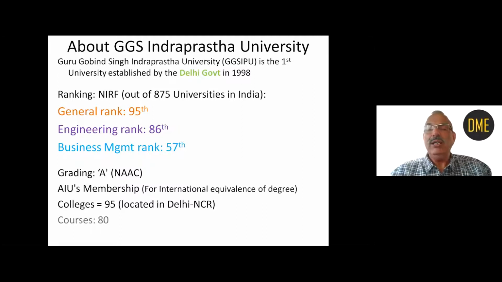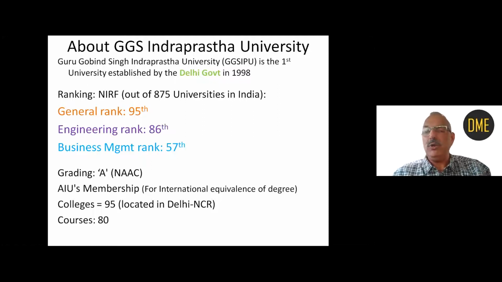So obviously IPU has got AIU's membership. Then what is IPU? In fact, IPU is all about its colleges. Like University of Delhi, IPU is also made up of around 95 colleges, and these colleges are located not only in Delhi but also in the neighboring districts of Delhi, what we call NCR, right? So NCR includes districts like Ghaziabad, then Gautam Budh Nagar, then your Faridabad, Gurugram, and Sonipat, right?